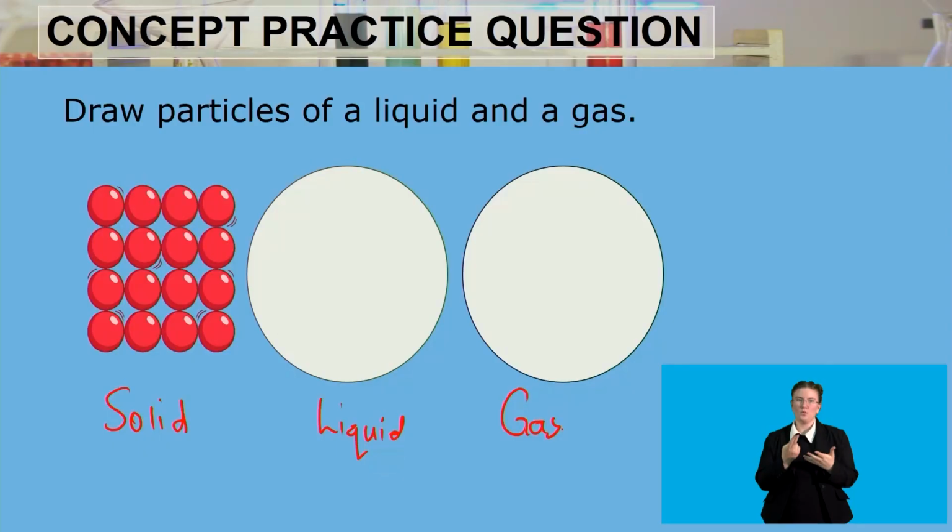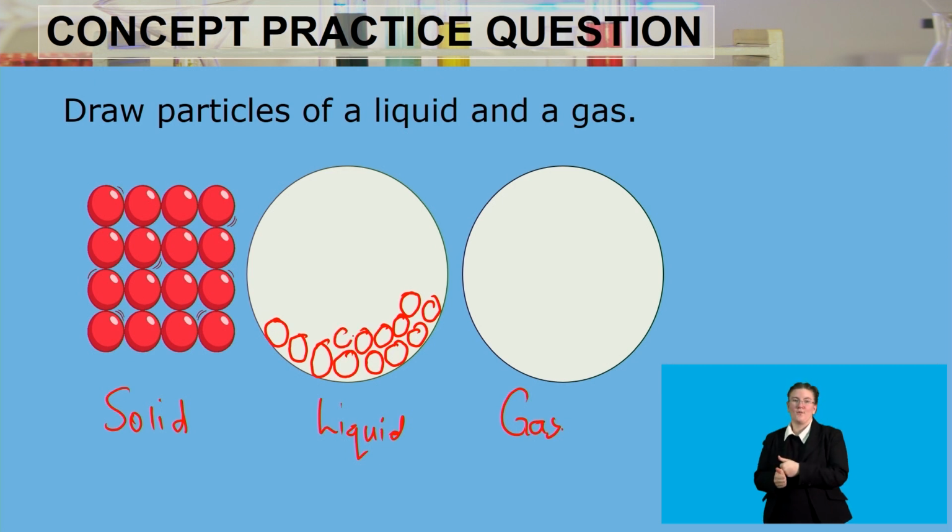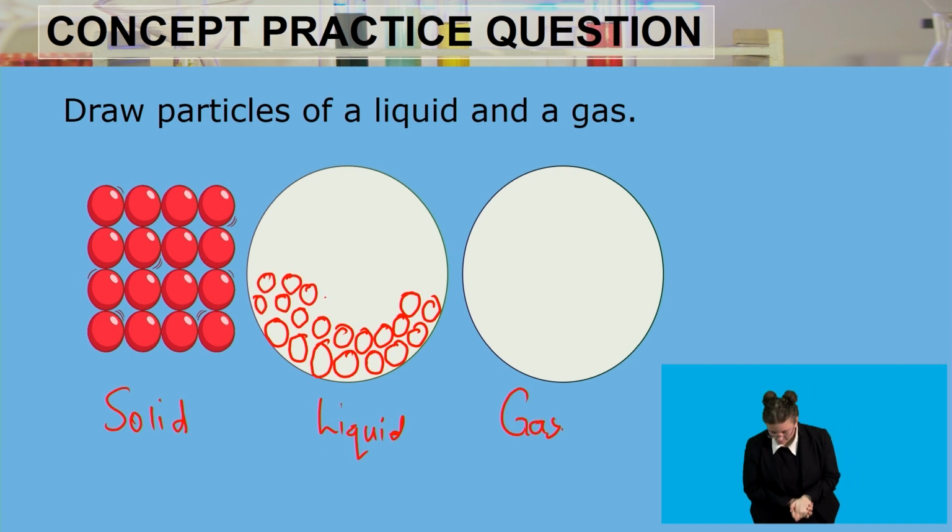So now let's draw. We're going to have this particle there, this particle there, this particle there. They take up the shape of the container in which they are in, and the spaces between the particles is slightly larger or slightly bigger than the spaces in a solid.